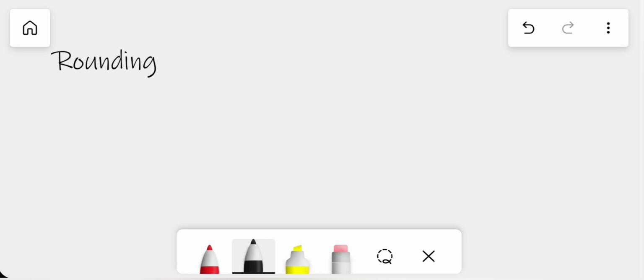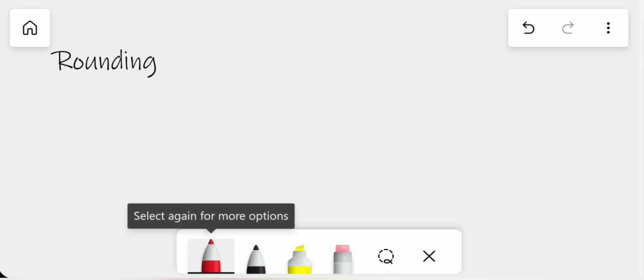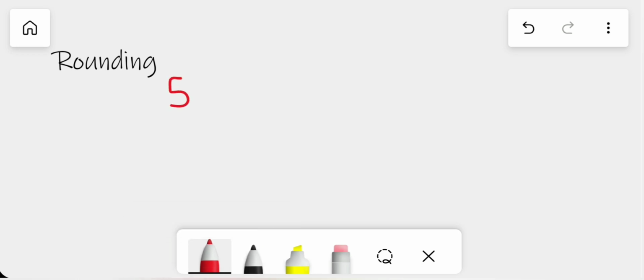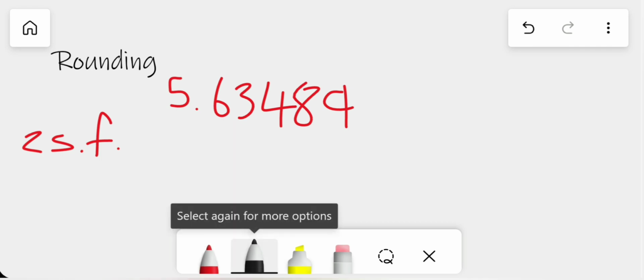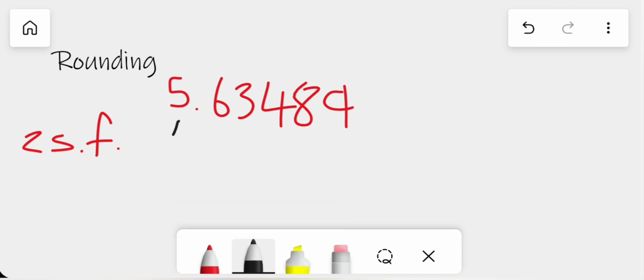So for example, let's say I wanted you to round 5.63489 to two significant figures. All right. Now, first of all, we don't have to count, but just to make sure we understand the concept, we count the amount of significant figures that are there.